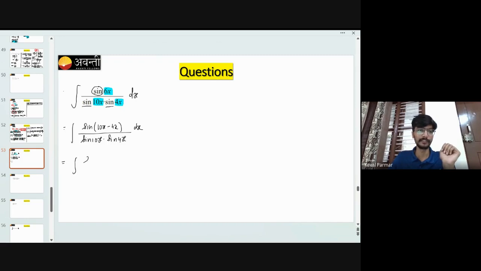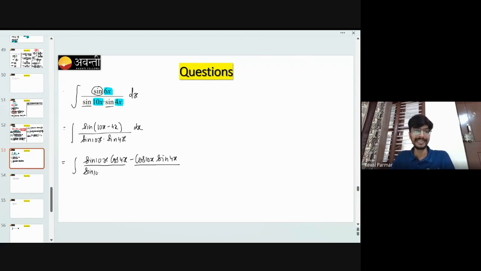What is sin a minus b? Sin a cos b minus cos a sin b upon... sorry, हाँ, cos a sin b upon. वापिस हम लोग क्या करेंगे? We will split the denominator in both.